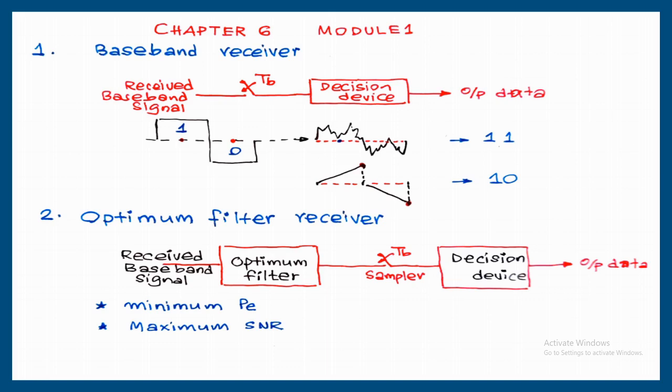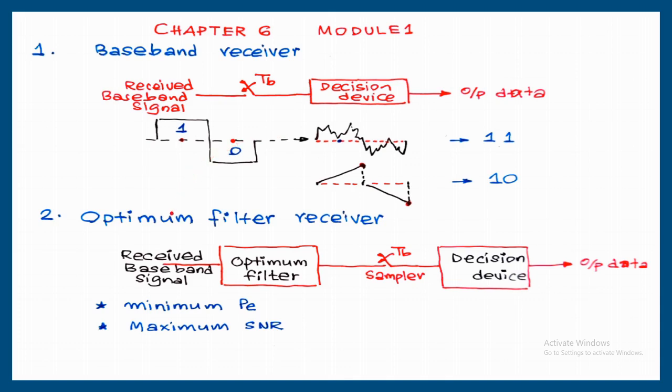The first one also has a reception, second case also has a reception, but due to the addition of this integrator, we can say the probability of error can be reduced. Or you can say probability of error can be minimized using some system. That system is known as optimum receiver system. How to get that optimum receiver system is the topic we are going to study under this chapter.